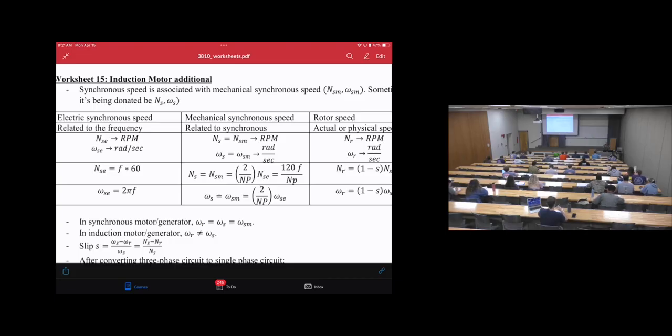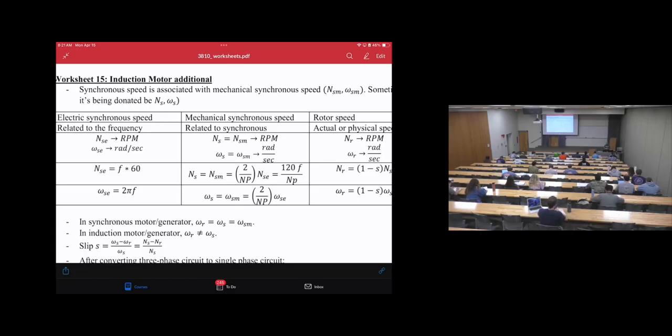Now, we still have electrical speed, but the synchronous speed or the mechanical speed can be divided into two things, which is rotor speed and stator speed. Stator speed will be called synchronous speed. Rotor speed will be called rotor speed, as is. Because the rotor speed is the actual speed. What's the actual speed? Is it the synchronous? No, it's the rotor speed.